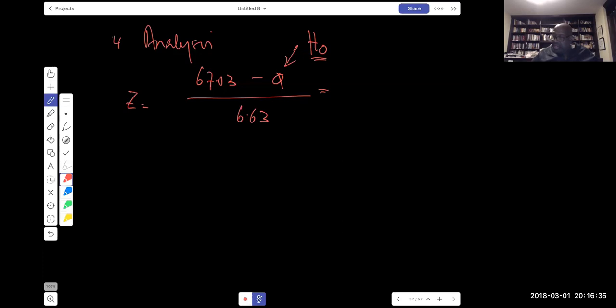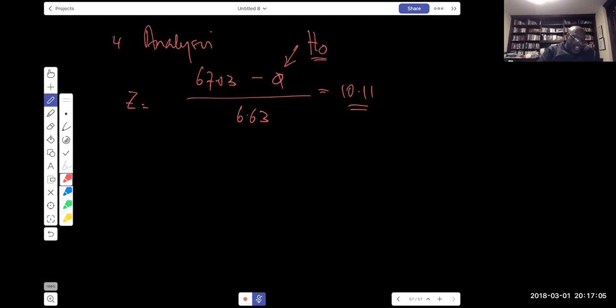Okay, good. So if I divide 67.03 by 6.63, that gives me 10.11. That's a pretty big Z value. Given that our textbook doesn't really have the exact value, you could use Excel and get it, but for our textbook, our p-value would be this.